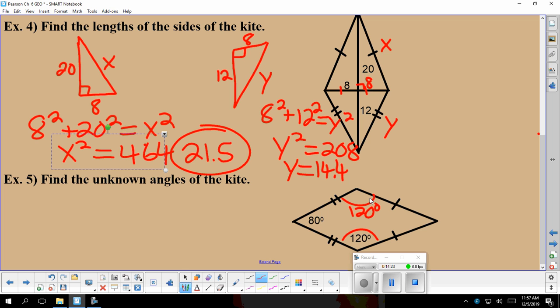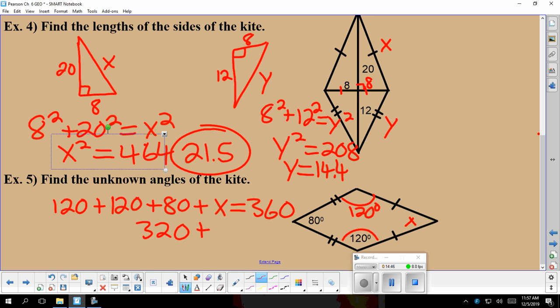And then this angle, we'll call it angle X over there. 120 plus 120 plus 80 plus X all equals 360. So 320 plus X equals 360. X equals 40 degrees. So this guy right here, 40 degrees.